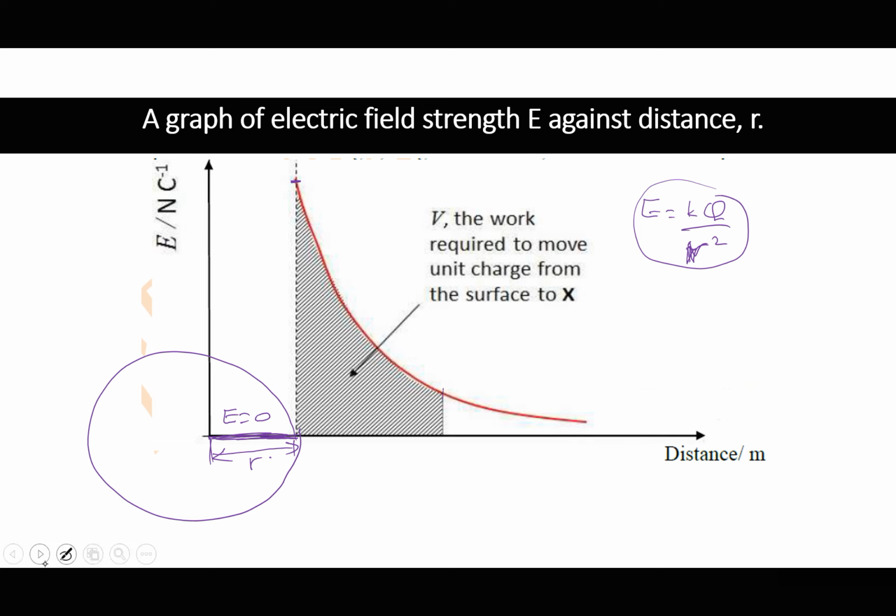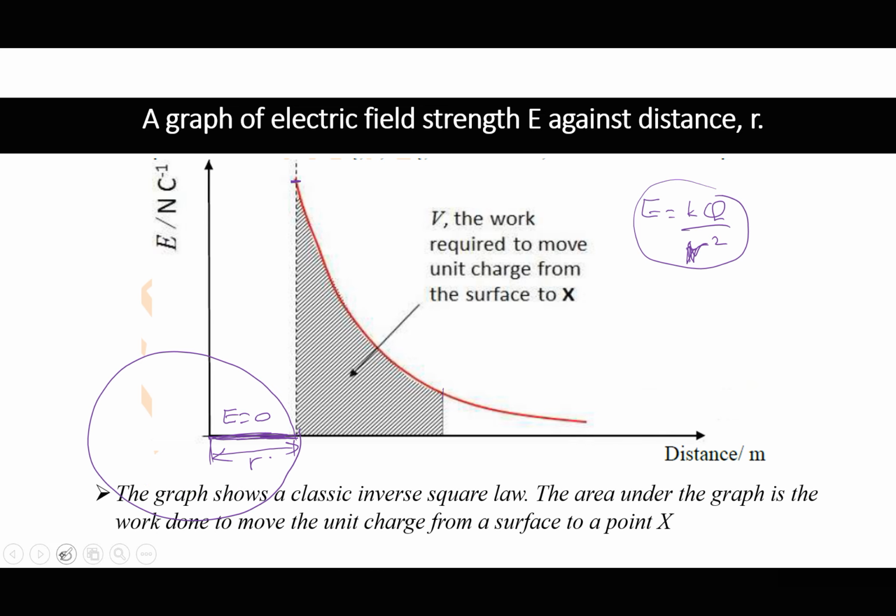So from this graph, we notice something. The graph shows a classic inverse square law, and the area under the graph is actually the work done to move a unit charge from, say, the surface to a certain point x, or through a distance to a certain point x.